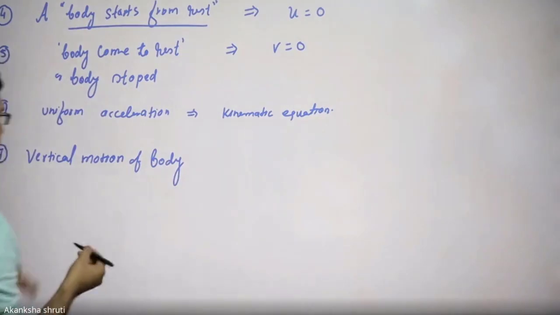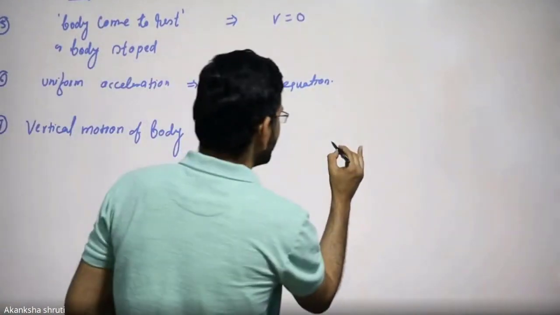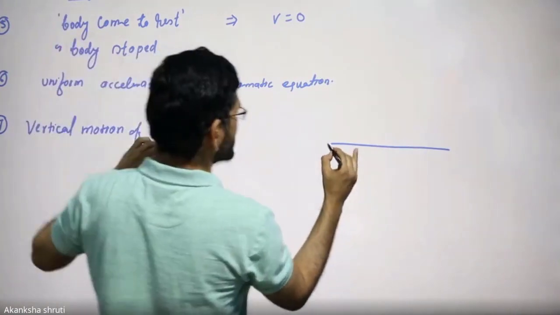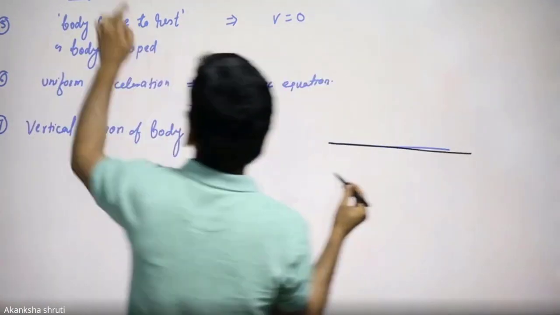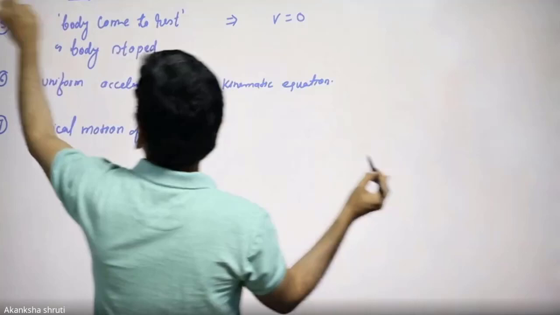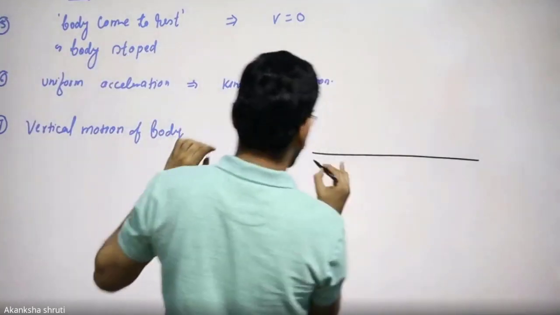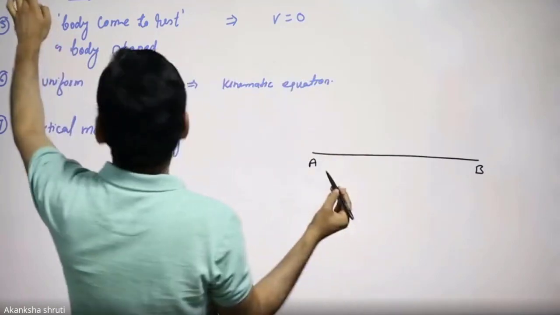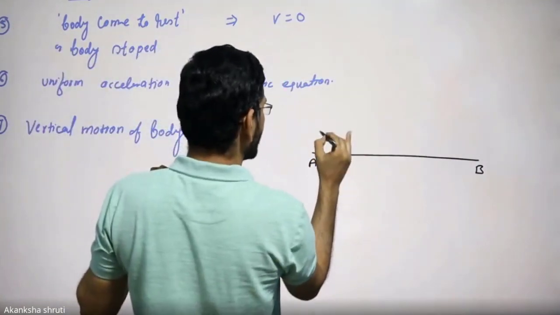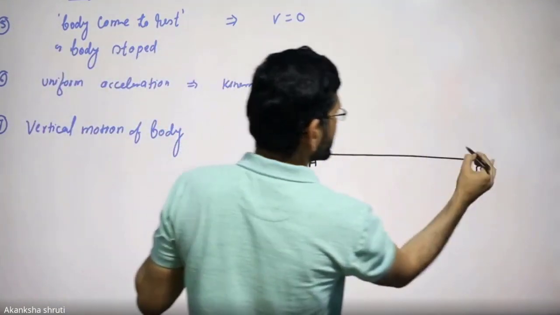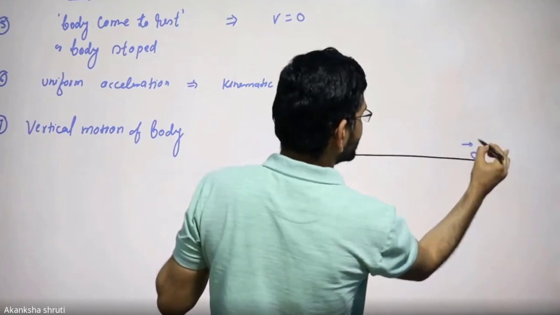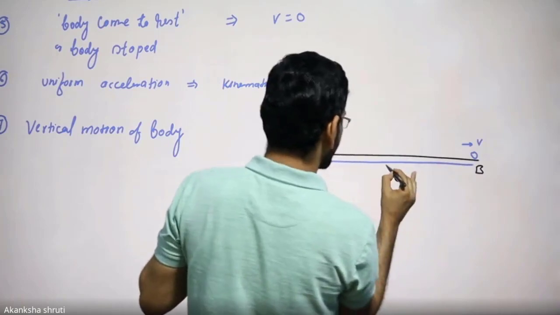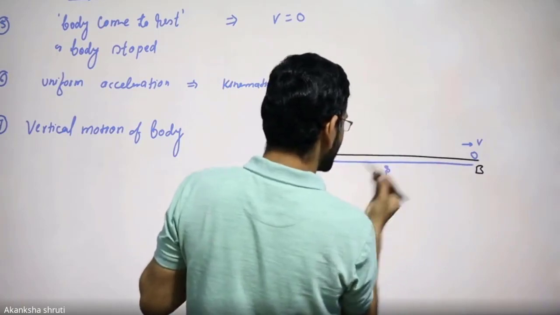Here we have considered the body started its journey from point A and reached point B. While moving, we consider the initial speed as u, finally it attains the speed v, and the distance or displacement we denote by s.